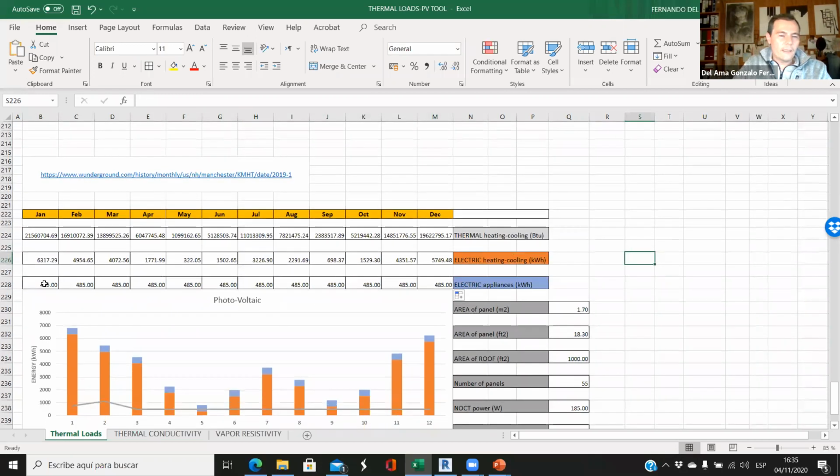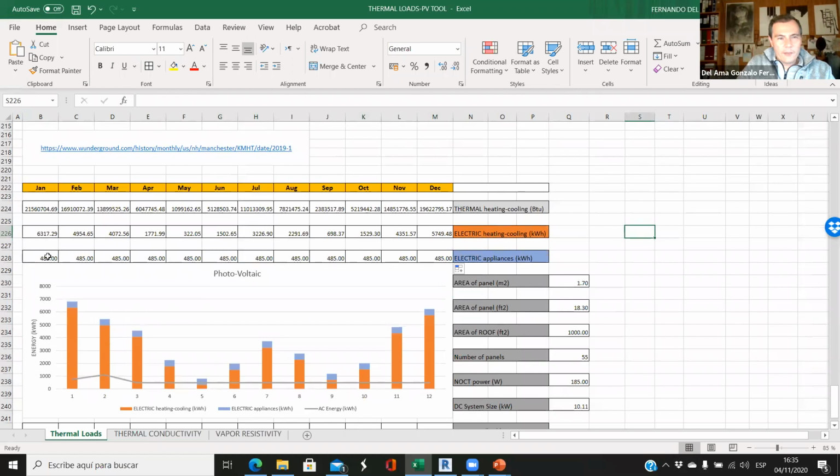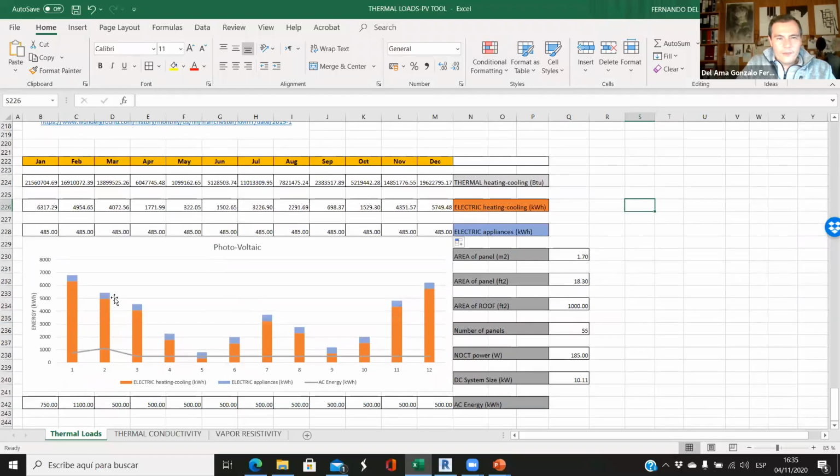We assume that every single month we are using the same devices or the same amount of electricity. Now we have to add these two things up, because this is the electric heating and cooling demand, and this is the electricity that we need from the appliances. And we should come up with something like this.